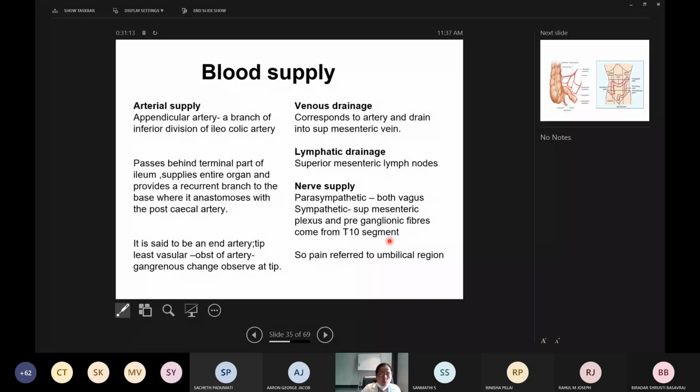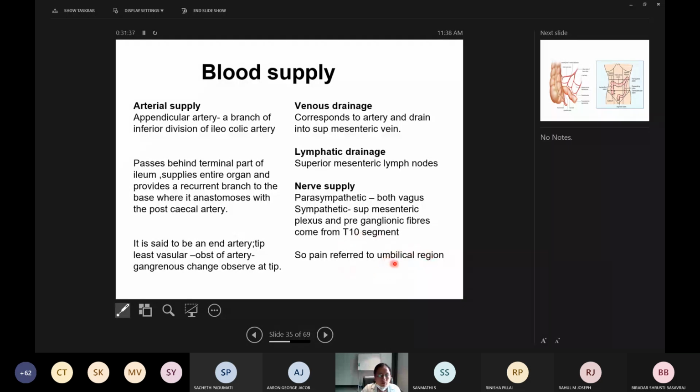So what happens? Any inflammation of the appendix will initially lead to pain in the umbilical region. First, the pain will be referred to the umbilical region because both the umbilicus and the appendix, that is the somatic and the visceral sensations, are carried through the T10 segment of the spinal cord.